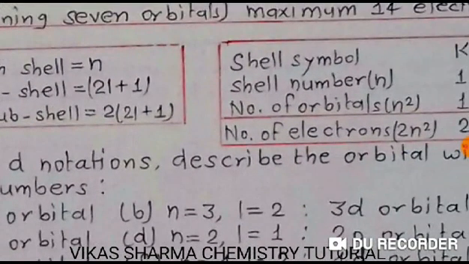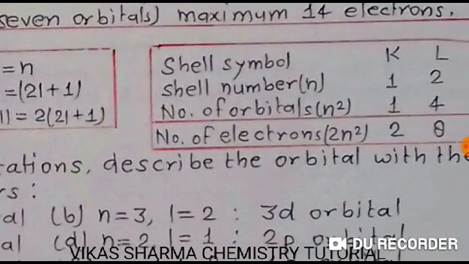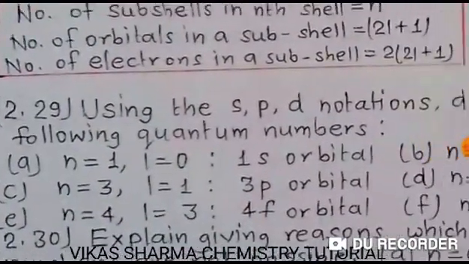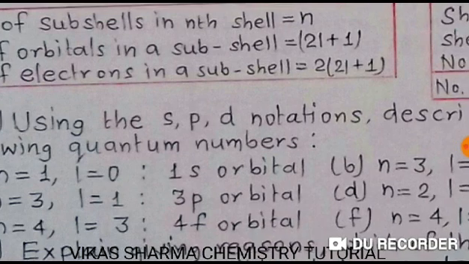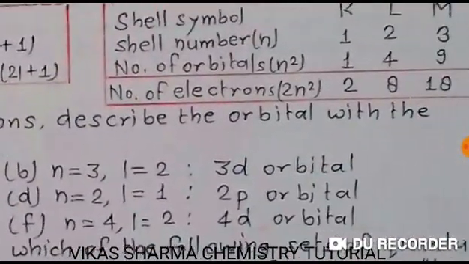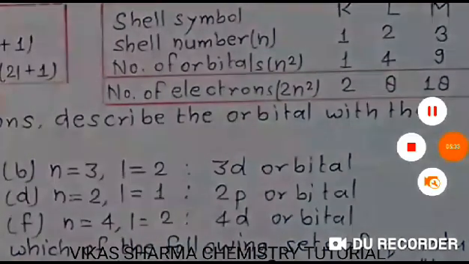Fourth, n is equal to 2 and l is equal to 1, so it is the 2p orbital. Next, n is equal to 4 and l is equal to 3. 3 belongs to f, so 4f; the first number shows the shell. Then n is equal to 4 and l is equal to 2. 2 belongs to the d orbital, and n is the shell, so the orbital is 4d.